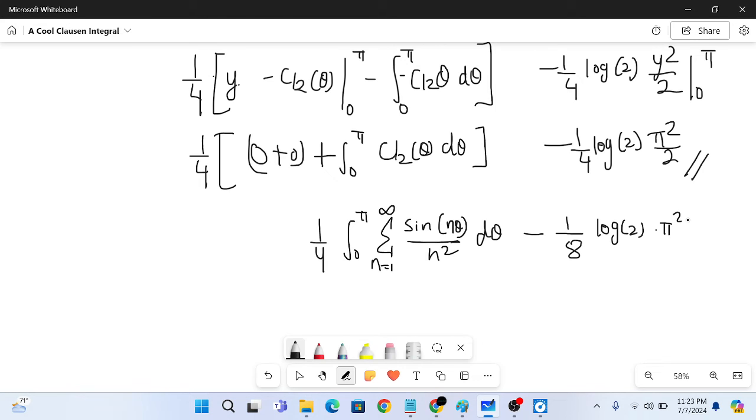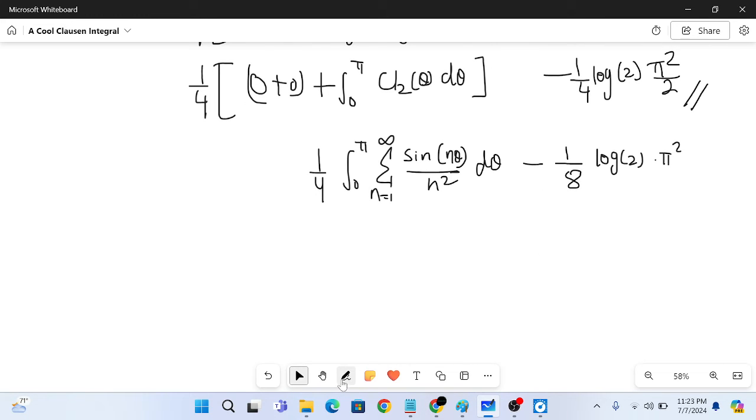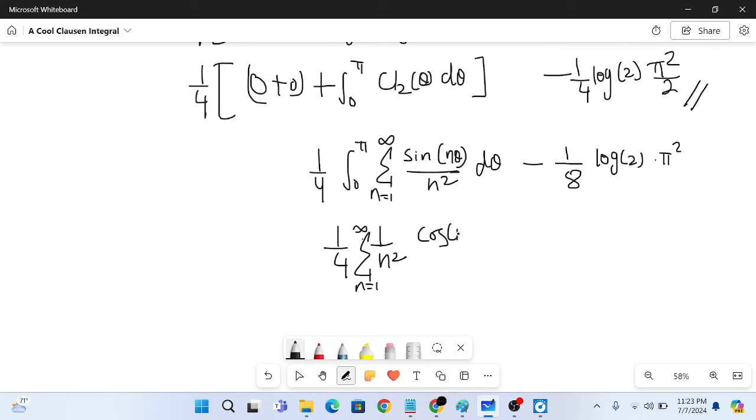Now we can interchange the sum and integral and then integrate. If we interchange the sum and integral, we have 1 by 4 and then 1 by n square, sum from n equals 1 to infinity. The integral of sin n theta is cos n theta by n from 0 to pi, minus pi square log 2 by 8.